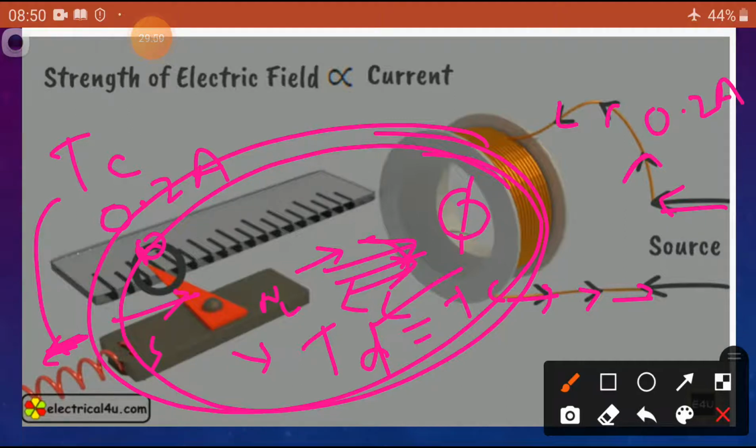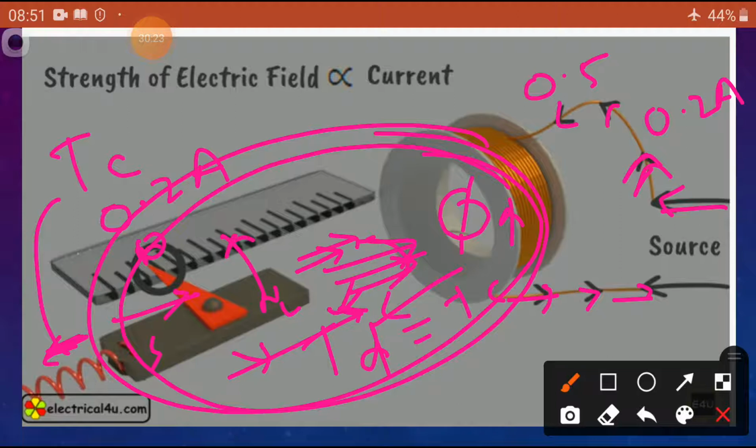We are going to calibrate it. If the current value increases from 0.2 amperes to 0.5 amperes, then what will happen? Automatically the flux increases, then it pulls further inside. When TD increases, it tries to move further, and the pointer will come to here.